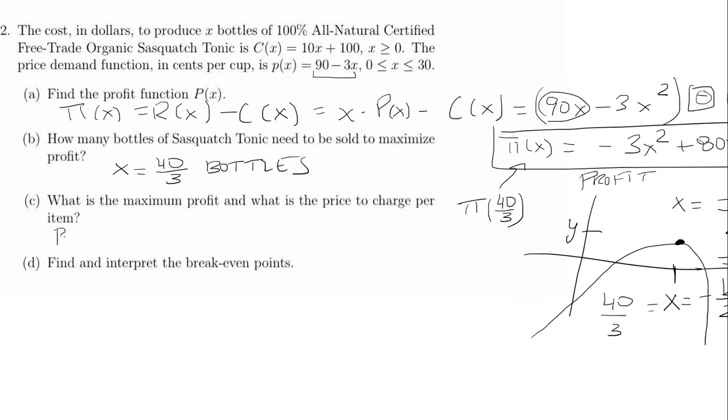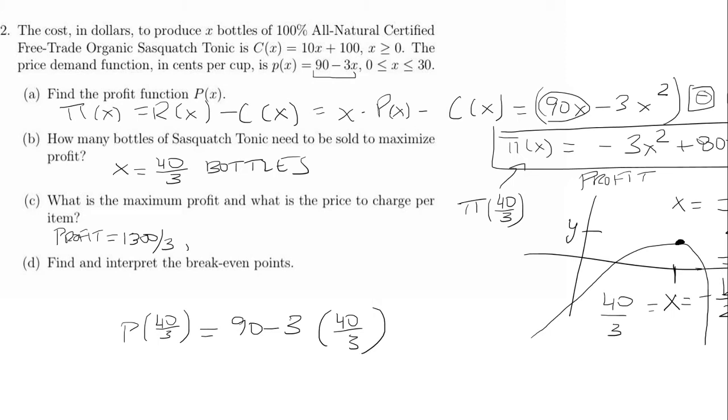So the profit would be 1300 over 3. And the price to charge, well, we need to use p(x). This is the price demand function, so we plug in 40 over 3 because that's how many items we need to sell. So you have 90 minus 3 times 40 over 3. The 3's will cancel. You get 90 - 40, which is 50. So the price is 50.